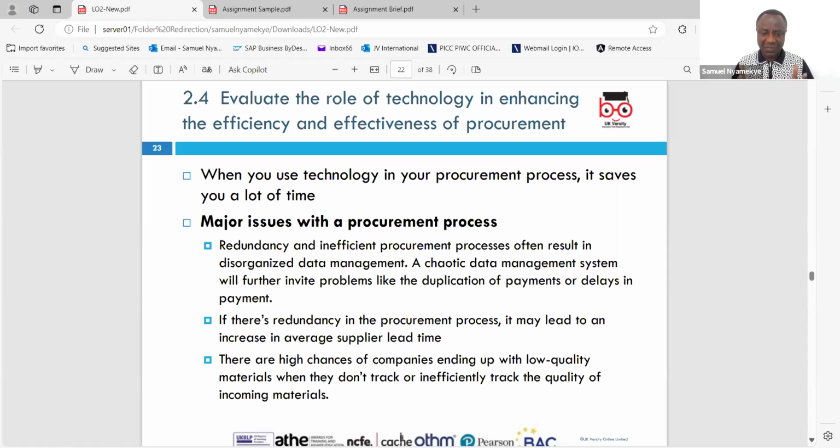If you don't have a very solid technology in your process, it can even lead to an increase in the lead time. What we call lead time is when a supplier promises that something is going to be ready, it comes to you. So you say that it's got a lead time of 2 weeks.